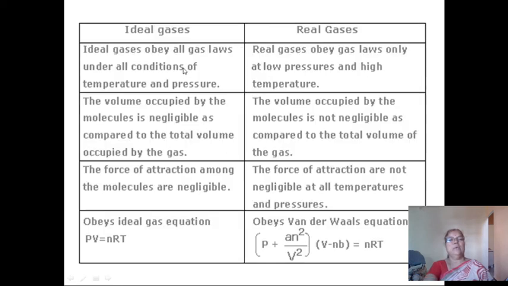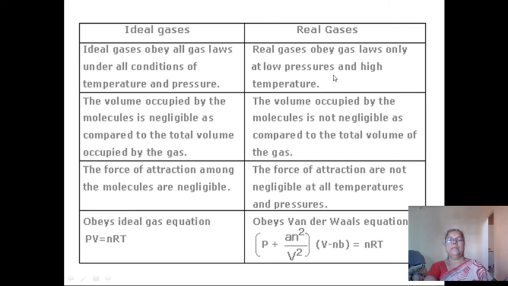Then here we will see the distinguishing characters of ideal gases and real gases. All of you know the ideal gases obey all gas laws under all conditions of temperature and pressure, while the real gases obey gas laws only at low pressures and high temperature conditions.